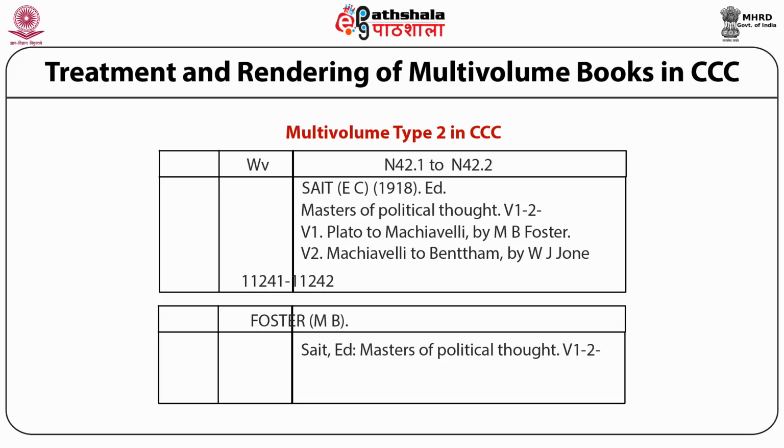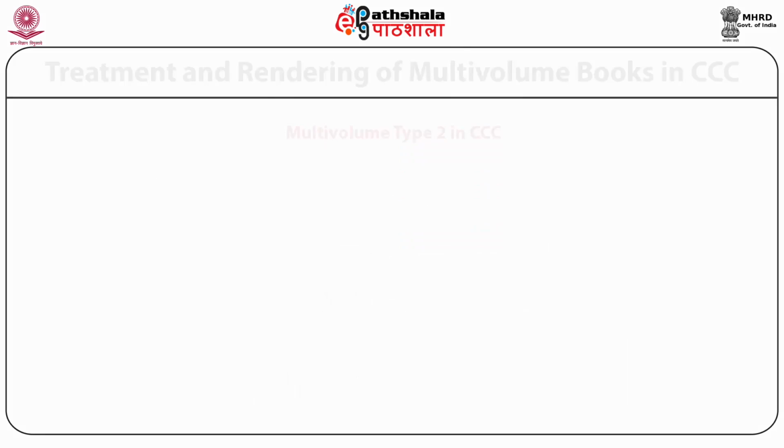Dot B1-2- indicates 2 volumes have been published and the work is in progress. And the title of volume 1 is recorded after the term V1, Plato to Machiavelli. In the index number section, the class number and the book number of volume 1 only is recorded.